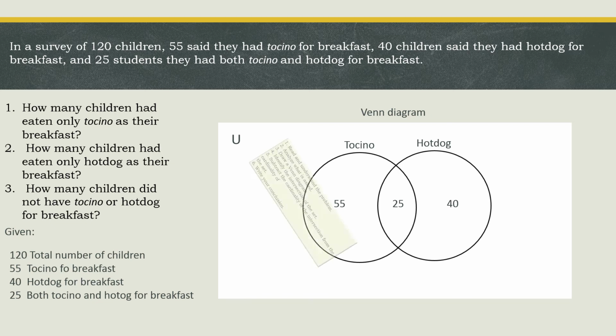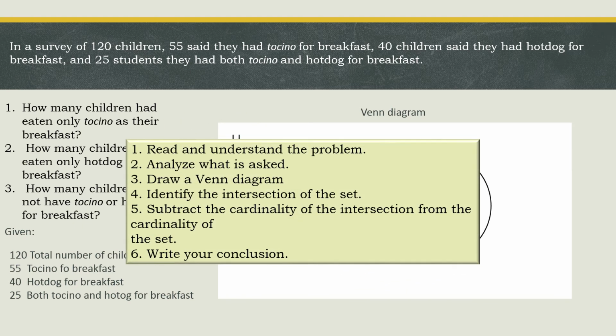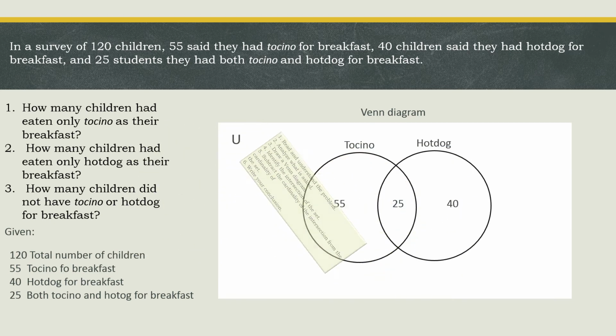Subtract the cardinality of the intersection from the cardinality of the set. So, that is 55 minus 25, and that is equal to 30. So, meaning, kay since si 25 part of 55, so that is 30. So, in total, 55 gyapon sila.